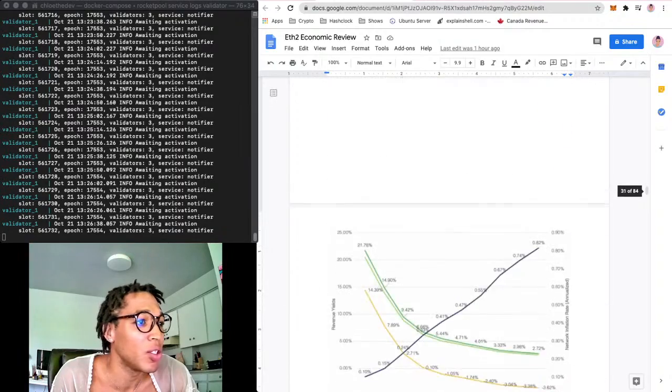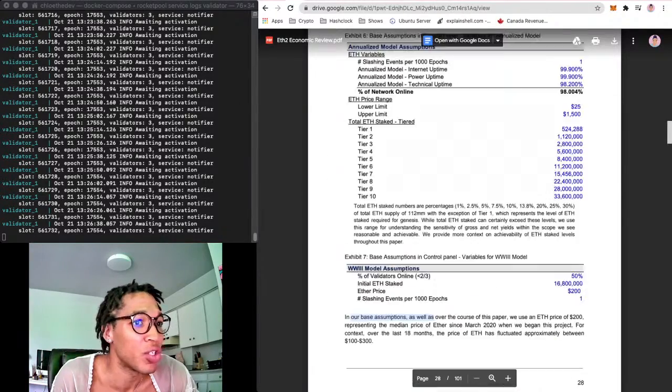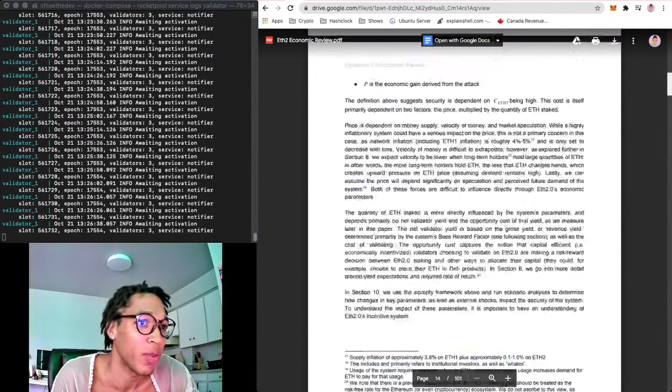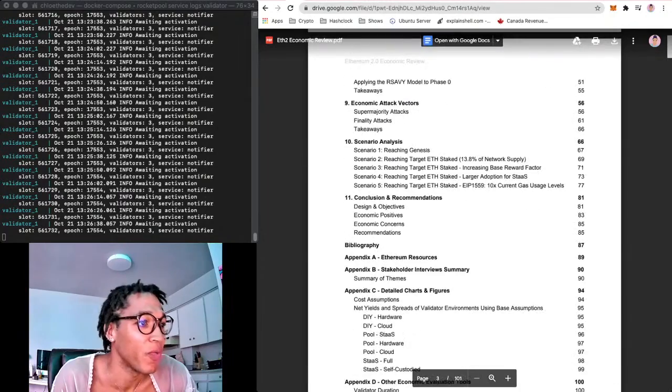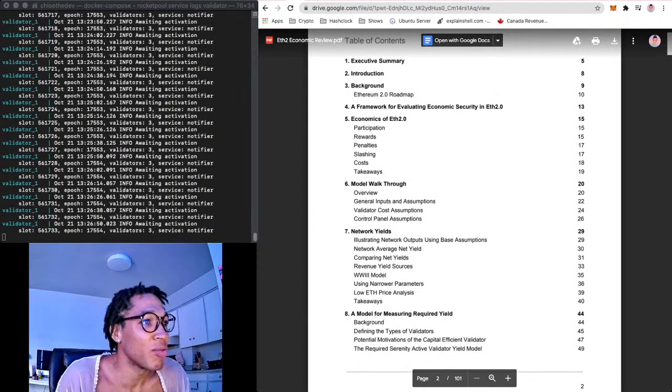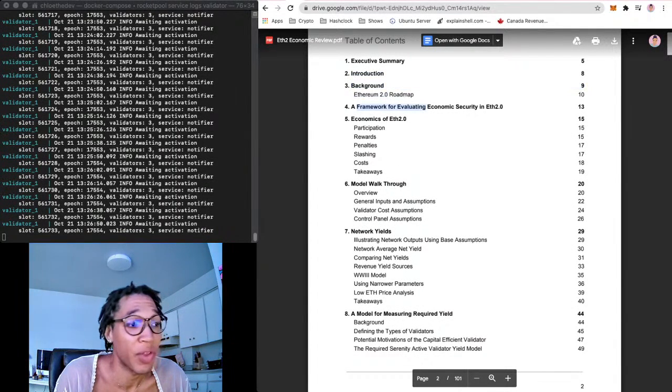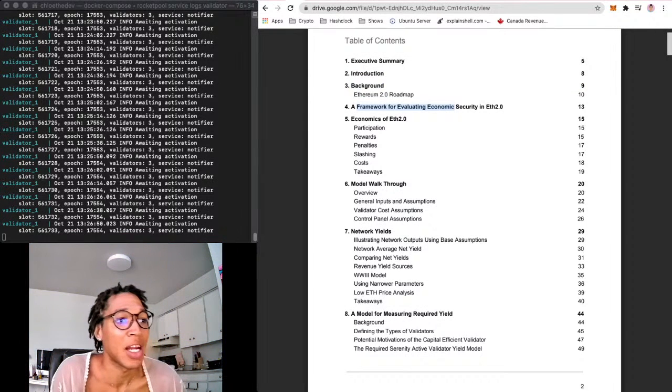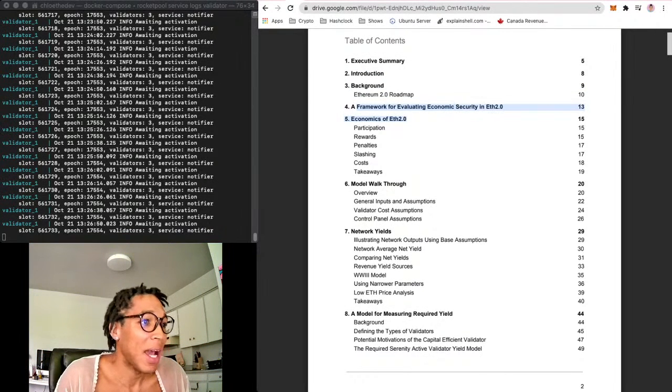I will use the online paper to show the table of contents. So we went through the executive summary, the introduction, the background, the framework they used for evaluating economic security in ETH2, the economics of ETH2.